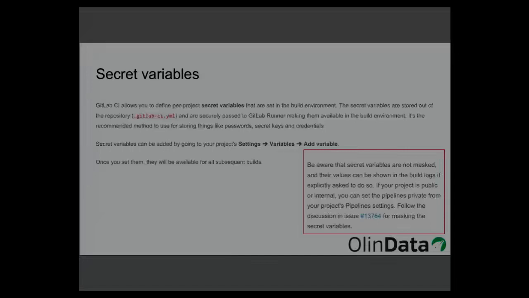So it's kind of a dangerous thing at the moment. You have to be really careful about this. There is an issue open for this, which is developing slowly but nicely, and I'm sure that not too long in the future we will have a solution where automatically the build log will not contain these things.